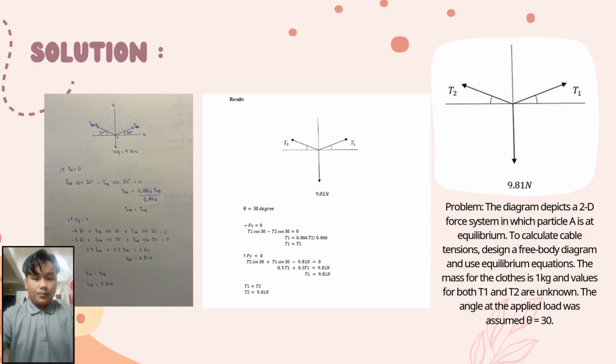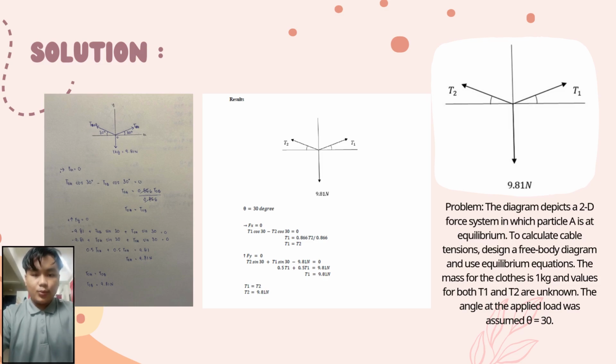So first of all, you can see here we have an FBD for example 1, where FBD means free body diagram, and we refer to our case study for the chapter on 2D equilibrium.